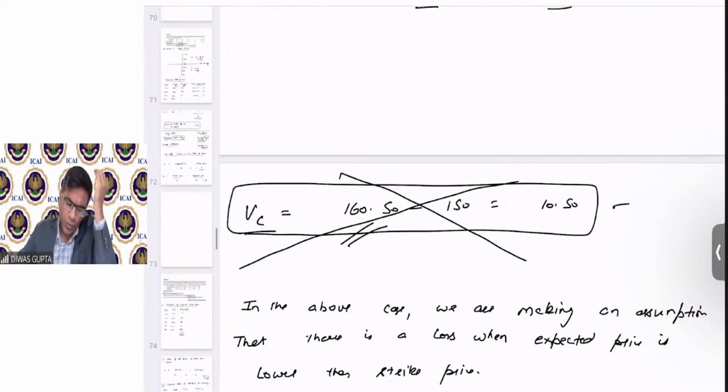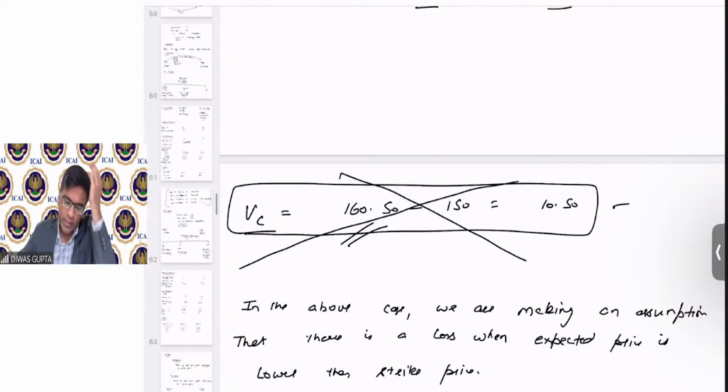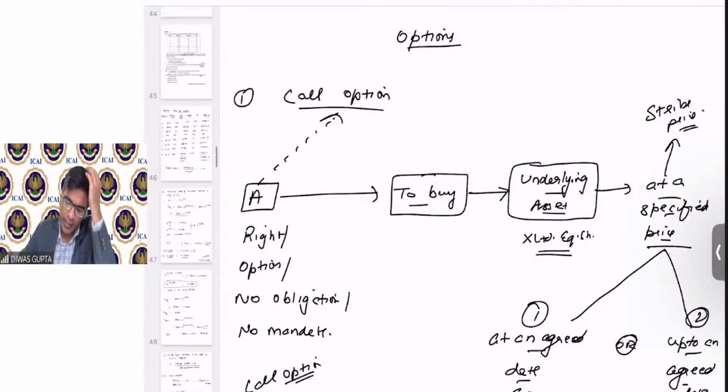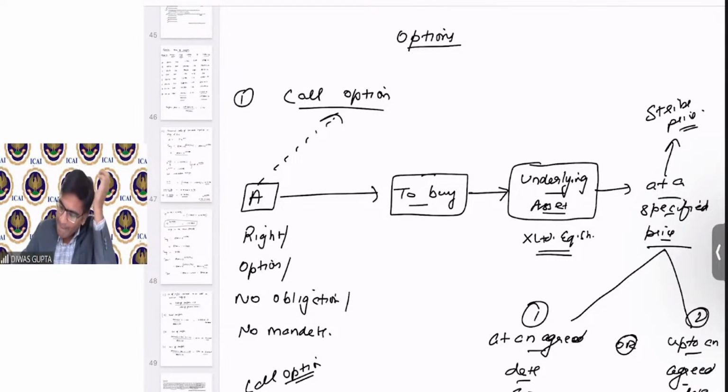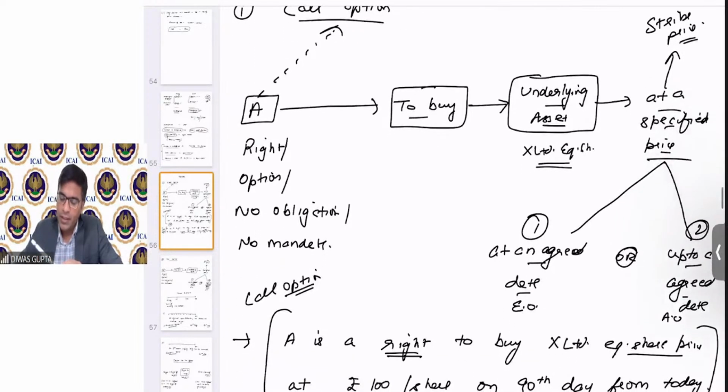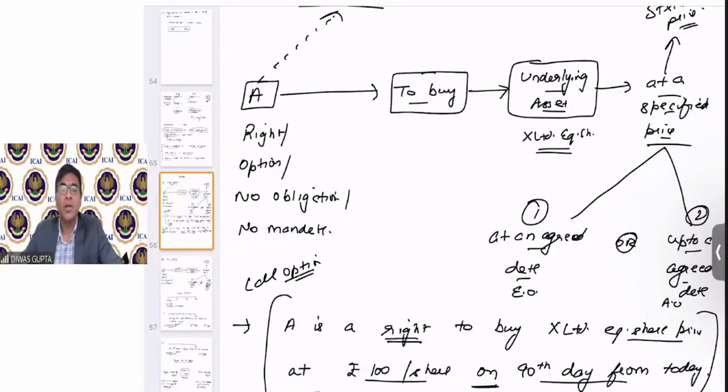So just to take a revision till now so that in the next part it is easier for us to take it ahead. So students, first of all, for options, what we discussed is that a call option is a right, it's not an obligation, it's not a mandate, to buy an underlying at a specified price.